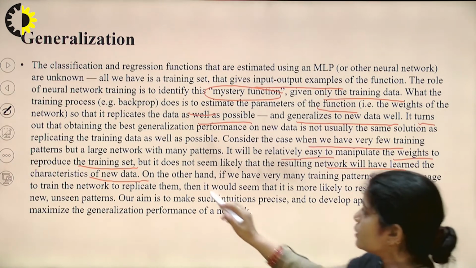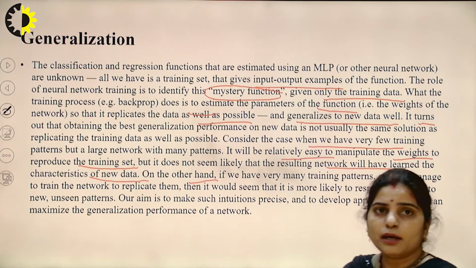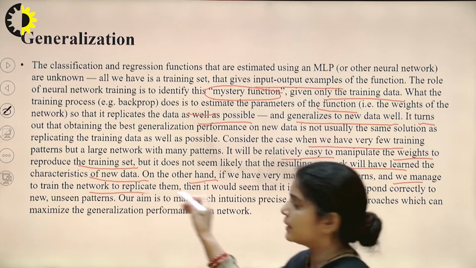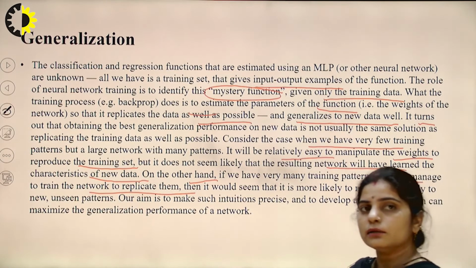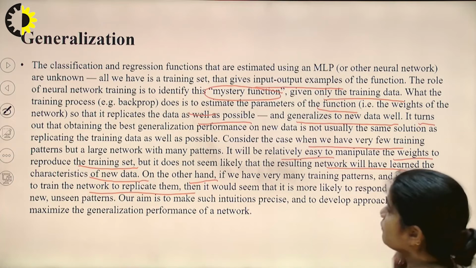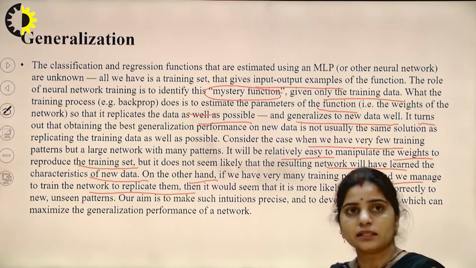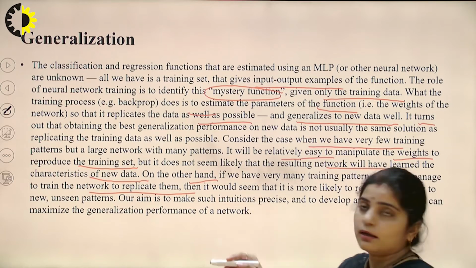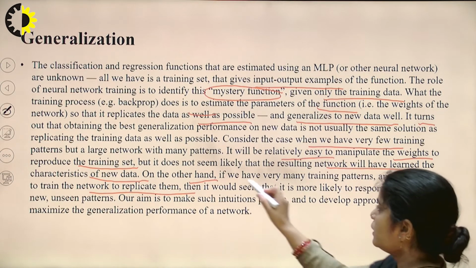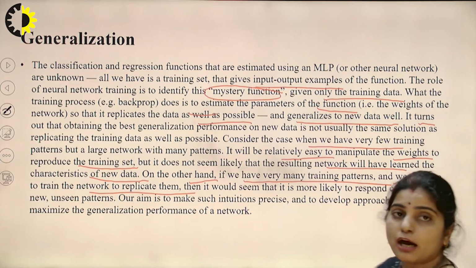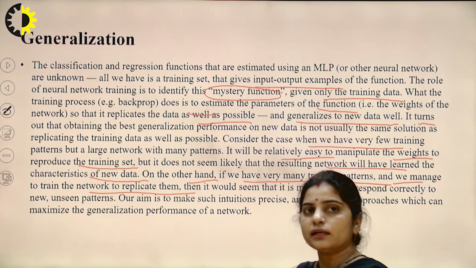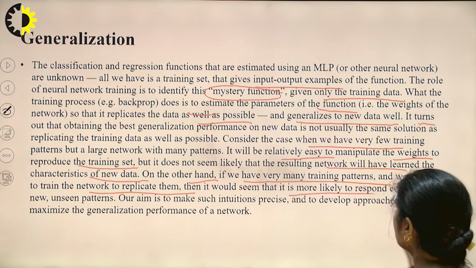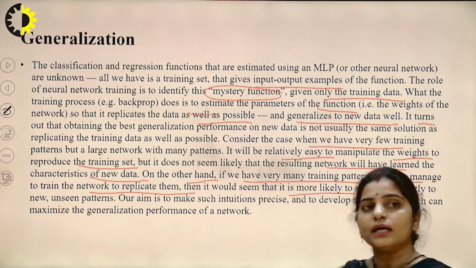On the other hand, if we have many training patterns and we manage to train the network to replicate them, then it seems more likely to respond correctly to new or unseen patterns.